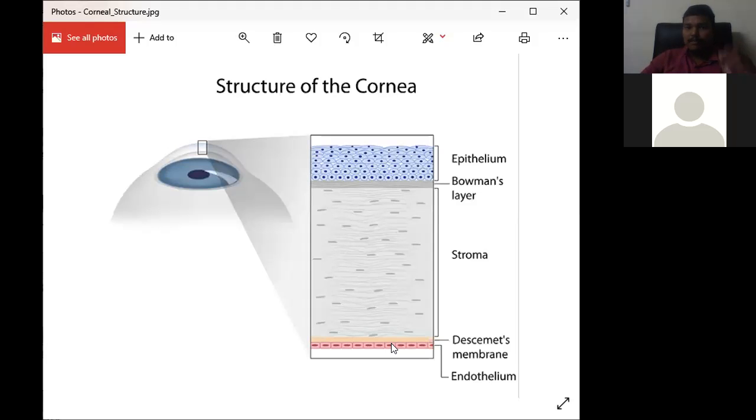So this is a typical example of the only part in the body which is not supplied with blood vessels, the cornea, right? There are no blood vessels in the stromal layer also. The most important and the largest layer of this cornea is the stromal layer, and there are no blood vessels present in it. How does this survive, and how will all these cells breathe and carry out their activities, right?